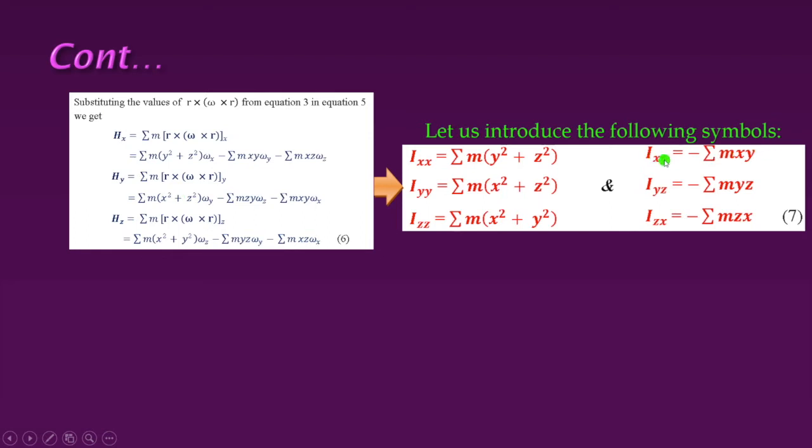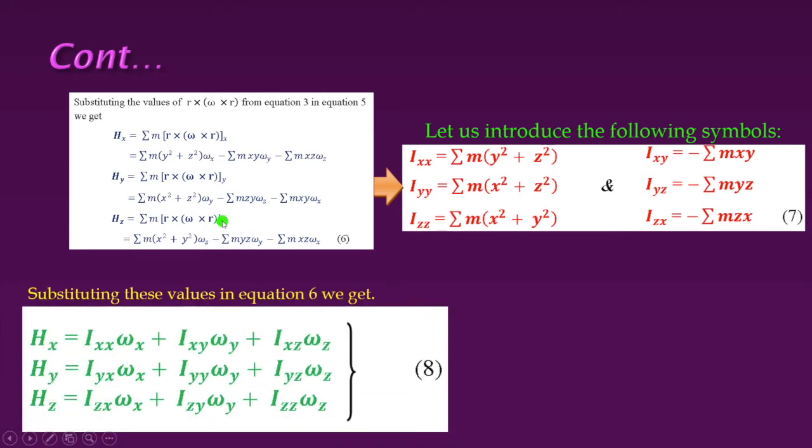And Ixy is that quantity, Iyz as xz, and so on. Now if we substitute these terminologies in this equation, we get Hx equals Ixx omega x plus Ixy omega y plus Ixz omega z, and so on.